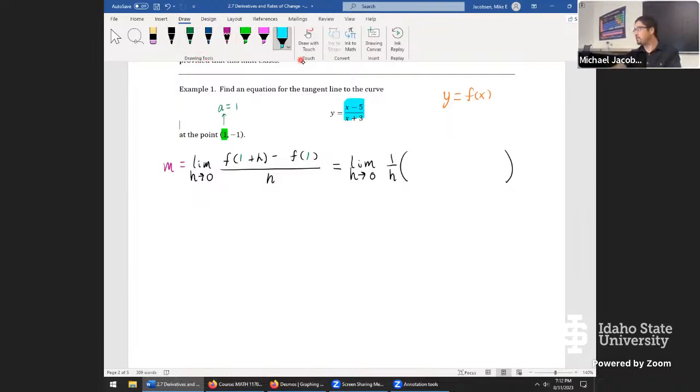Now we go back to the function. I'll highlight that in blue. And for this one, f at 1 plus h, we'll put a 1 plus h where this x is, minus 5. And then 1 plus h where that x is, plus 3. Now, next portion, go minus.